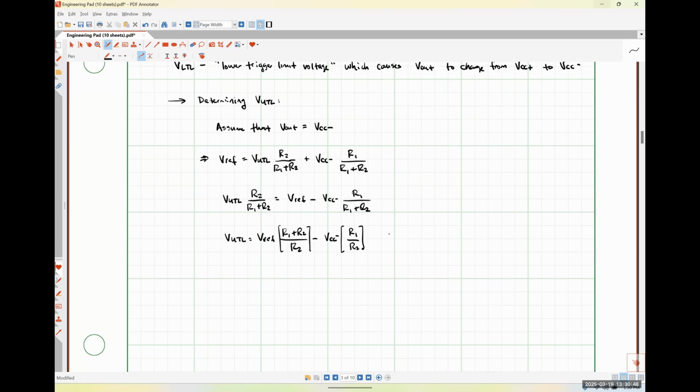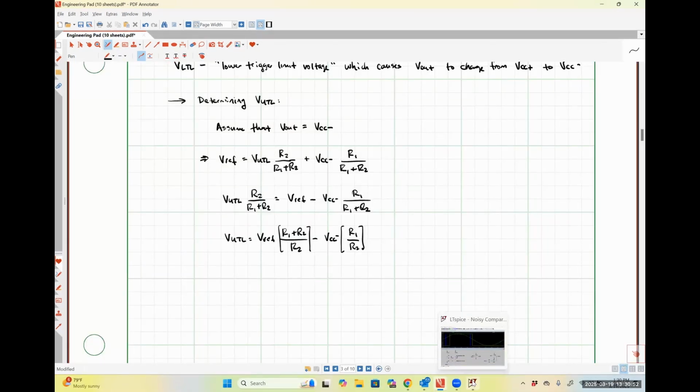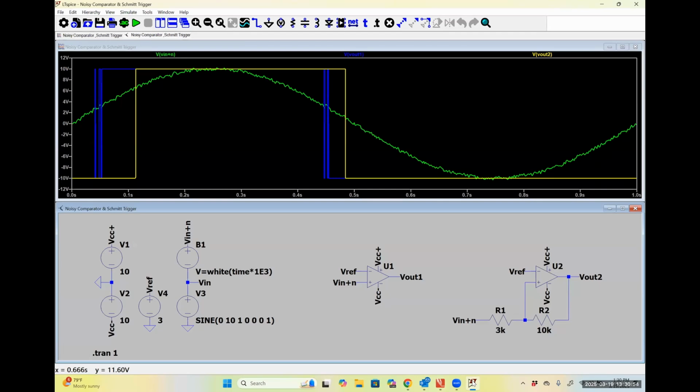So let me switch back over to the LTSpice simulation really quickly. Okay. So if I were to look at this graph, it seems to me like our upper trigger limit voltage is going to be somewhere in the ballpark of 7 volts based on what I'm seeing here, right?